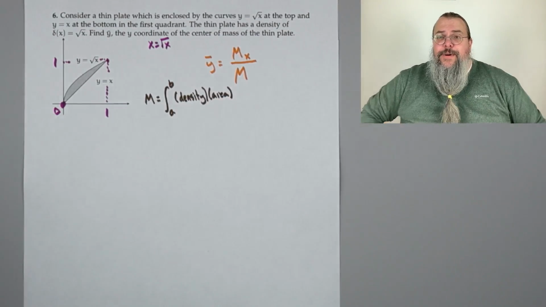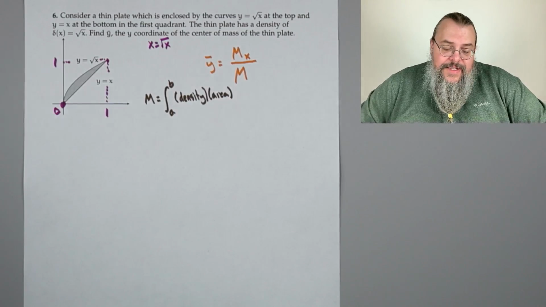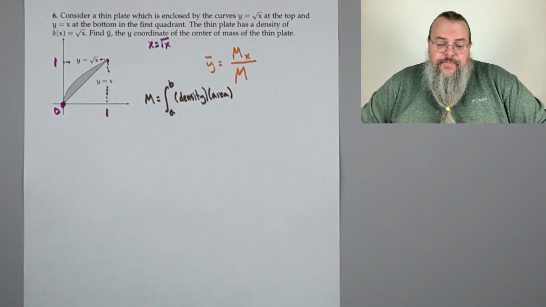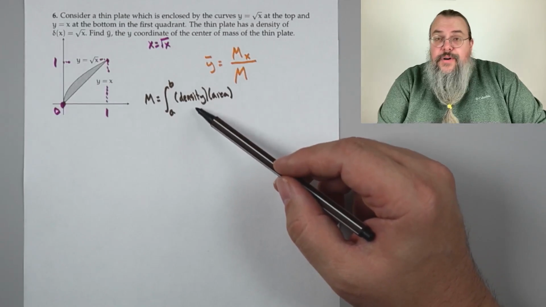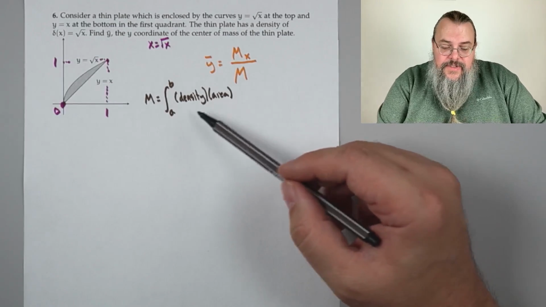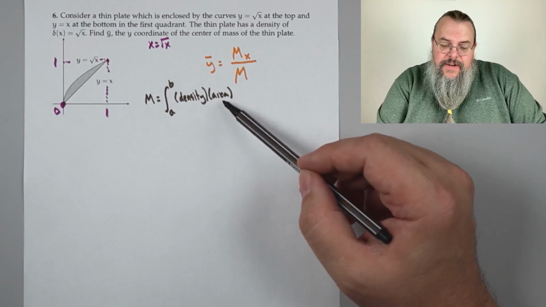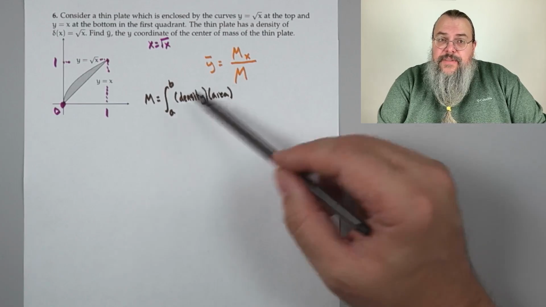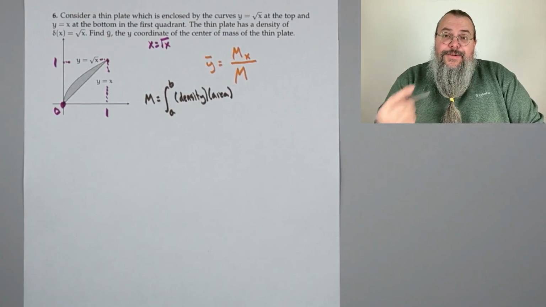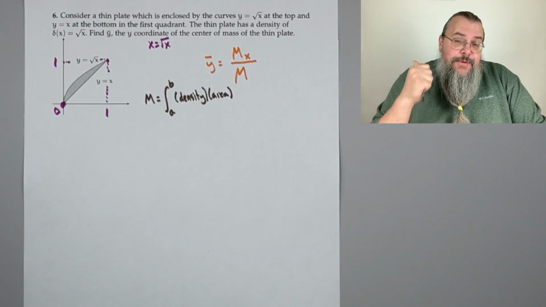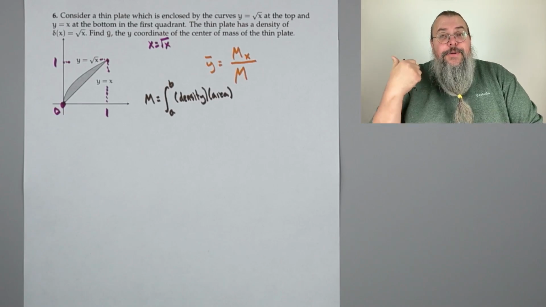Okay, so that's how we go about finding mass. Density, area, added up. Essentially when we talk about a density, it's like mass per area. And so when we multiply it by an area, that becomes just a little piece of the mass, and you add them all together.